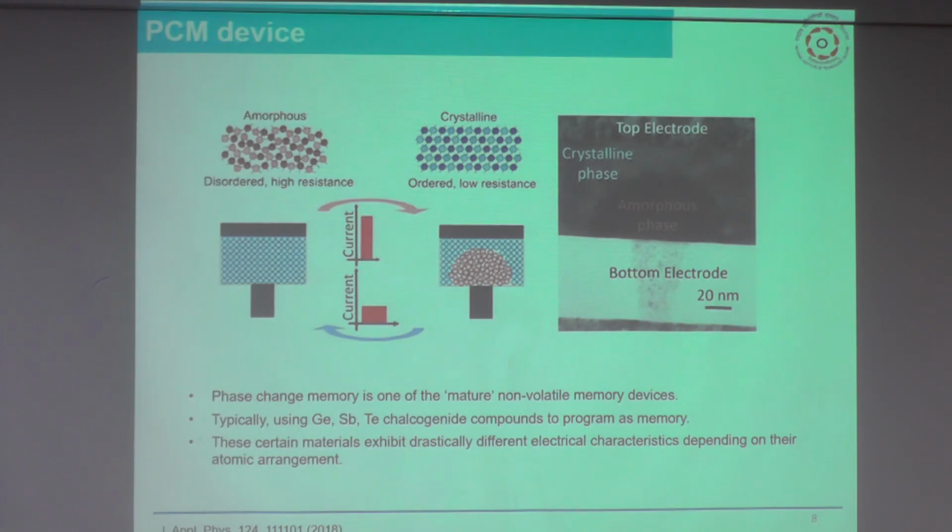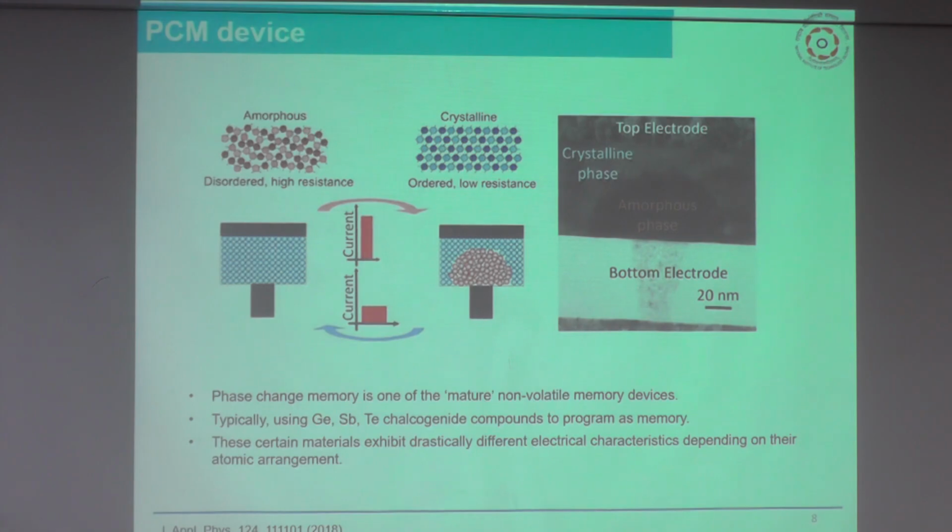Andres also discussed how the different structures of this PCM work and how this amorphous region is formed. So you can see this mushroom kind of structure formed here. So you need to control this region. Okay, if this region is small, it has a different resistivity. If its volume is more, it has a different resistivity. So the resistance changes as the volume of this region increases.